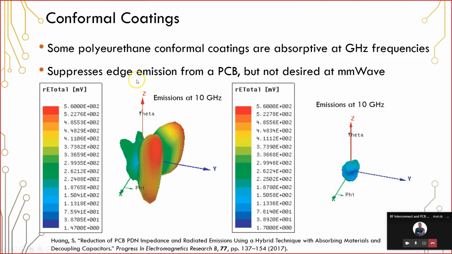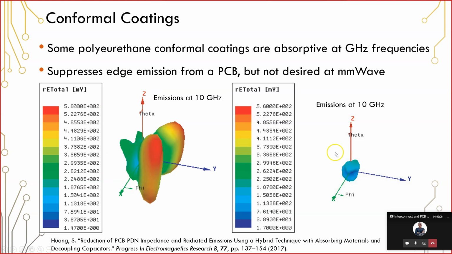And they're useful in one sense, in that if I were to take a polyurethane-based conformal coating, which comes in a spray can, and mask my PCB and just spray that conformal coating along the edge of the PCB, it's actually going to suppress emission of radiated electromagnetic waves. So it's going to absorb that radiation before it can leave the edges of the PCB and then travel and interfere with something else.